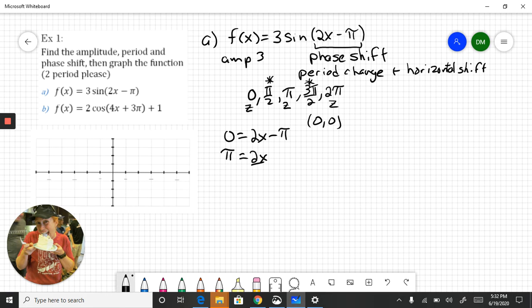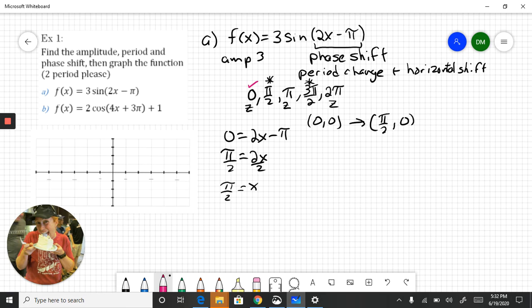Divide both sides by 2, and x equals pi over 2. So that means this point 0, 0 is shifting to pi over 2, 0. Next point. So we're finished with the first one. I can put a little check mark there.